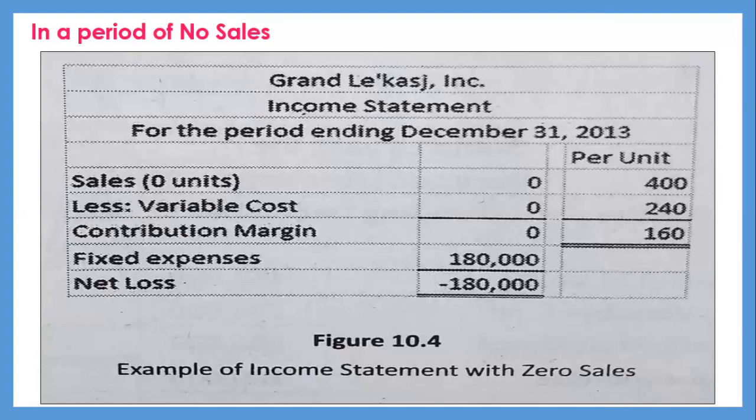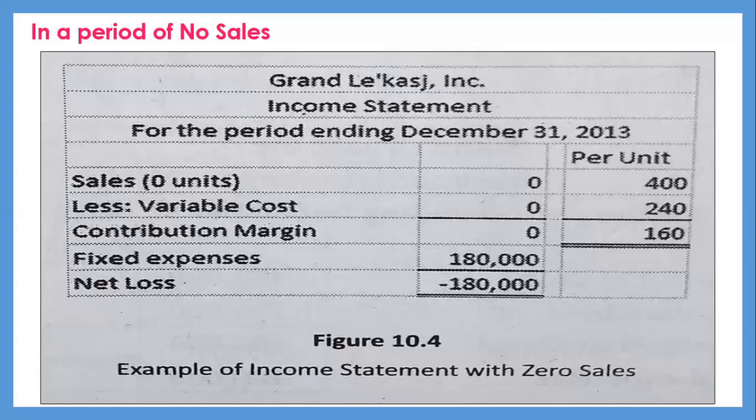And so for that matter, 400 multiplied by 0, then of course that is 0. Less variable cost of 0 multiplied by per unit of 240 pesos, that's still equivalent to 0. And therefore, our contribution margin is 0.